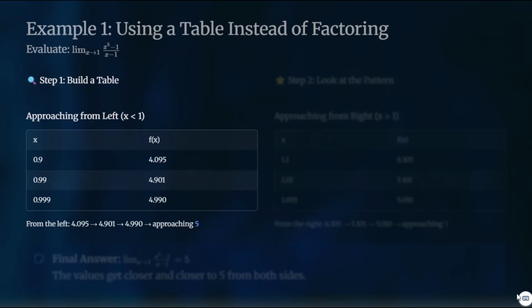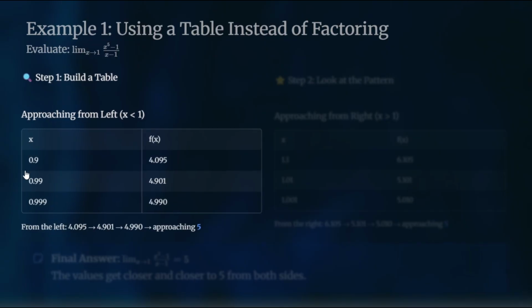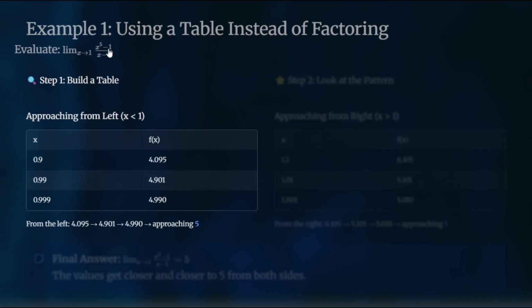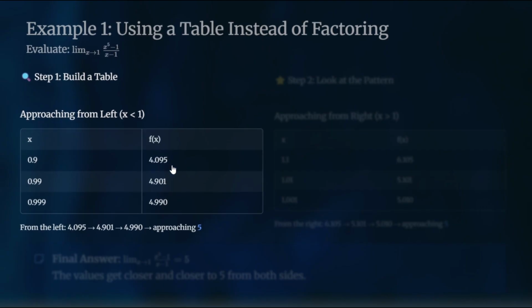So first, as the function approaches 1 from the left, we'll look at values slightly less than 1, but values that get closer and closer to 1. For instance, if we start when x equals 0.9, if we substitute x equals 0.9 into the function, we'll see that our function will be equal to 4.095. If we get a little bit closer to 1 at x equals 0.99, our function will be equal to 4.901.